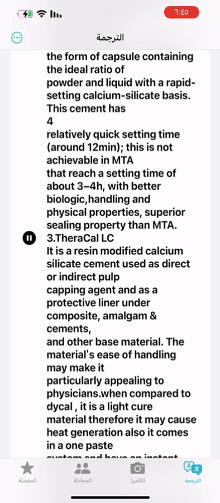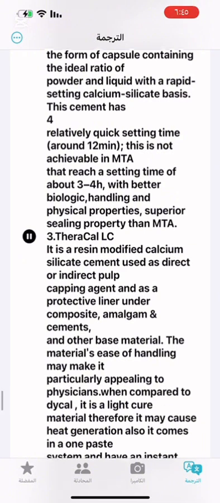The setting time is short, about 1 to 2 minutes. Therefore, the mix should be done quickly and then applied on dry dentin so it flows freely and easily.